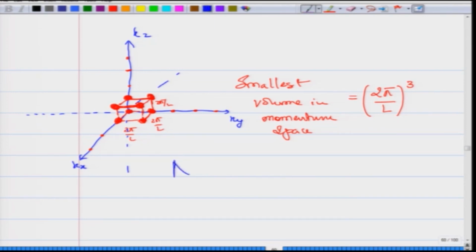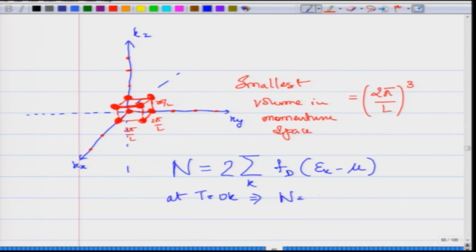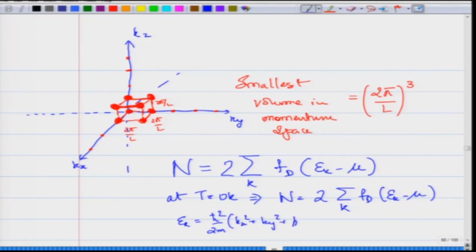Our counting statistics involved counting the total number of occupied states in the system, where at T equal to 0 Kelvin, this equation is nothing else but twice the summation over all the k states of the Fermi Dirac distribution of Ek minus mu, where Ek is h cross square by 2m times kx square plus ky square plus kz square.